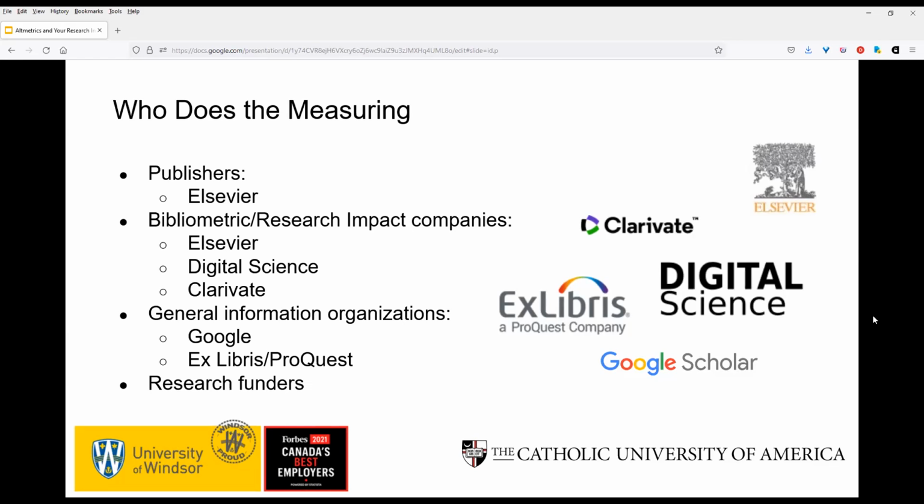Publishers are involved. Elsevier prominently has been buying up companies, and they've been, in a sense, transforming themselves from a traditional publisher, probably because I think they see that the progress of open access means that eventually there's going to be far less commercial publication of scholarship.